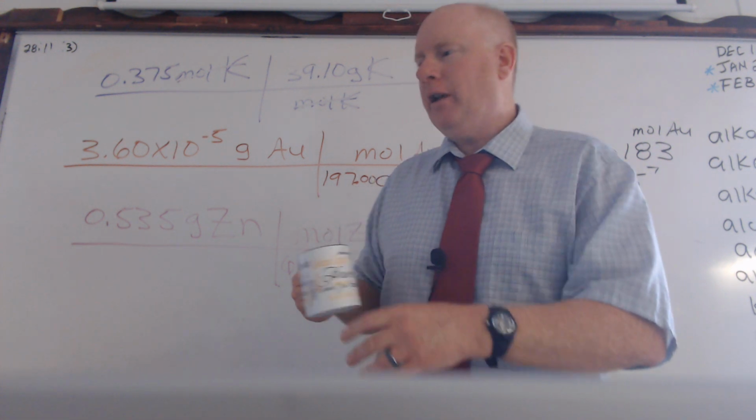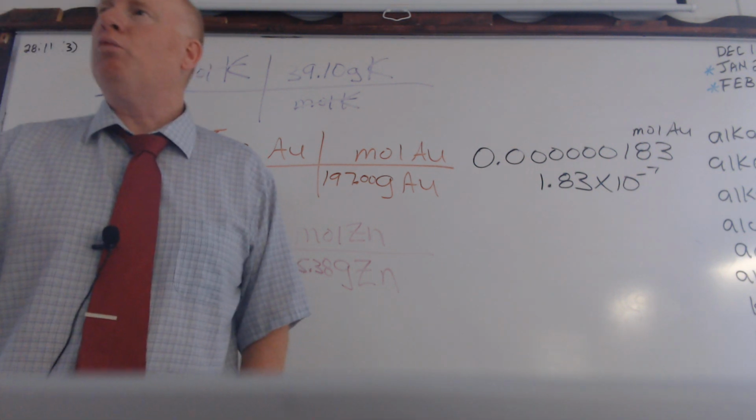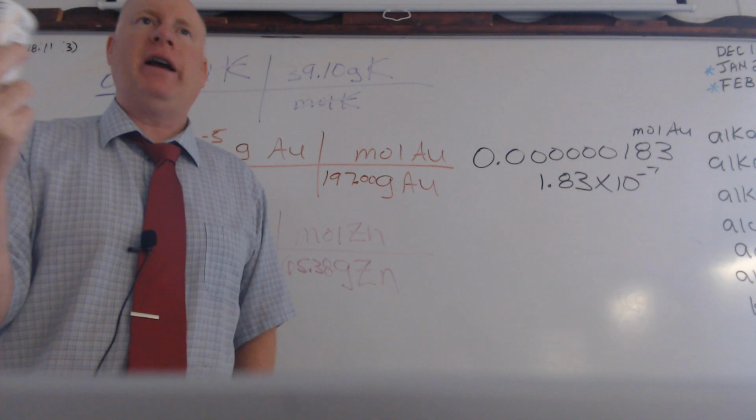Every time you get a mass equal to what you have on the periodic table, whichever element it is, approximately 32 for sulfur, 65 for zinc, 10.81 grams for boron, that is 1 mole of that substance.